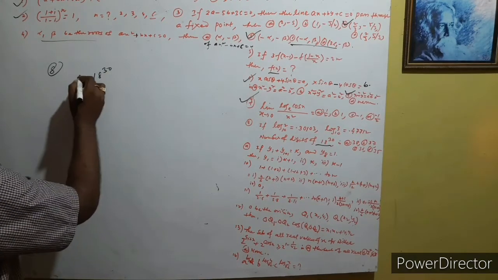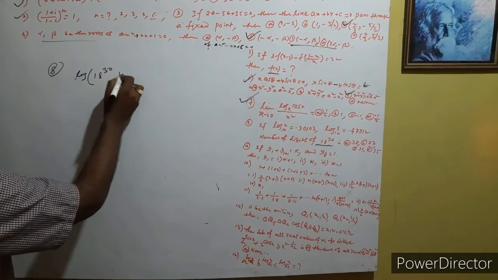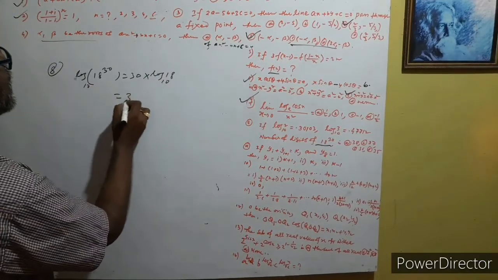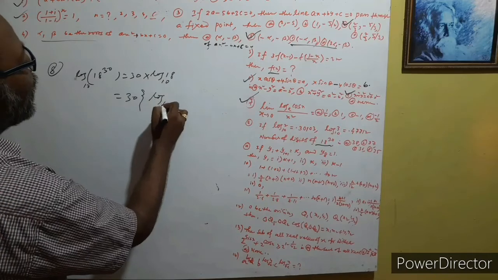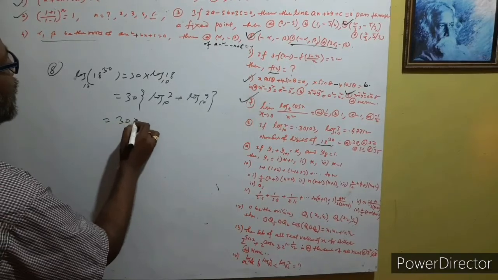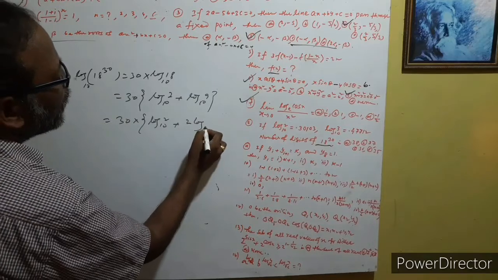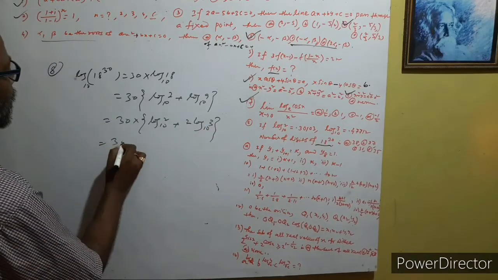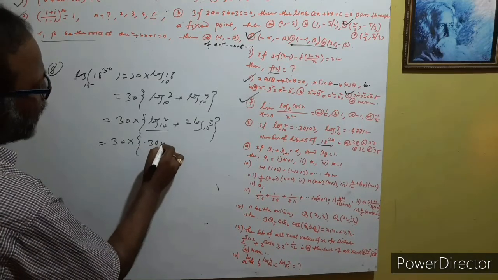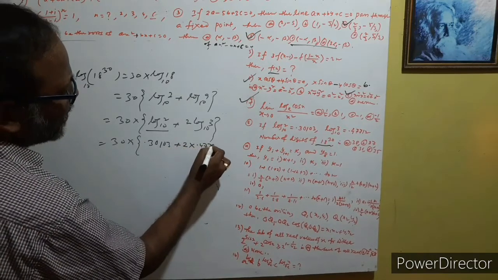18 to the power 30, and now take the logarithm of that. That is 30 into log 18 to the base 10. So 30 into log 2 plus 2 log 3 to the base 10. So 30 into log 2, which is 0.3010, plus 2 into 0.47712.